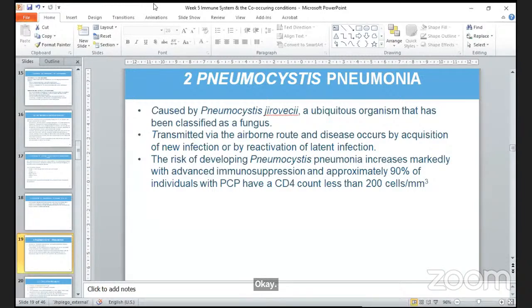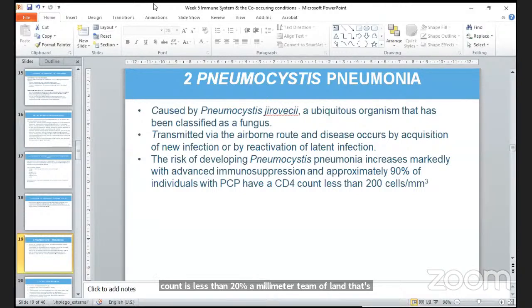The disease is airborne. It can also be latent and later on become active. Now, when does it normally occur for persons living with HIV? The disease normally occurs when the CD4 count is less than 200 cells per cubic millimeter of blood, just like Mycobacterium tuberculosis.